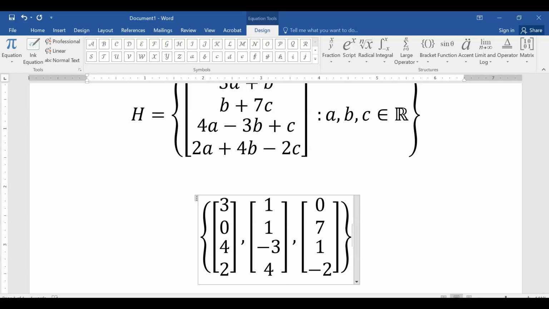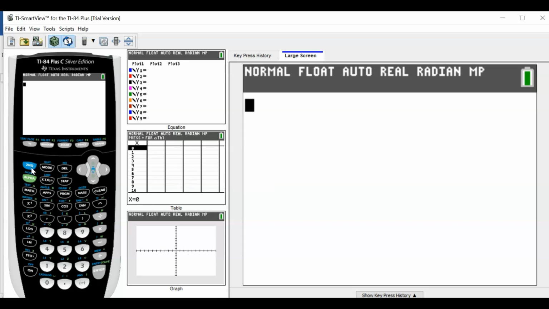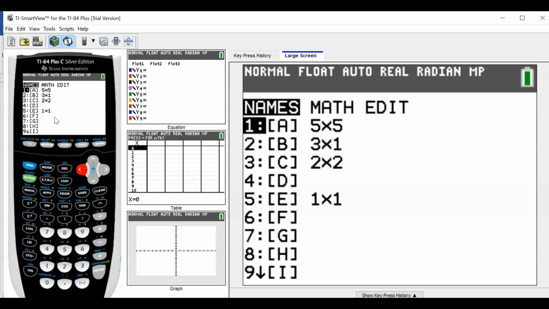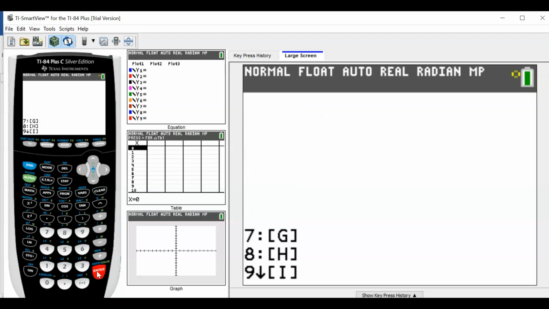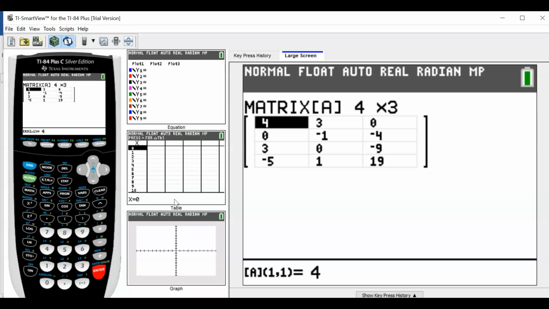One way you can do that is take your calculator, create a matrix. Now this was a 4 by 3 matrix. If you remember back from previous examples, you do have to add a dummy column in there of all zeros so that the thing works.